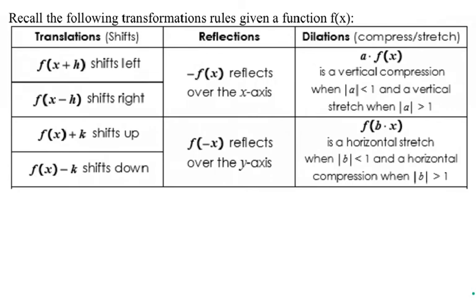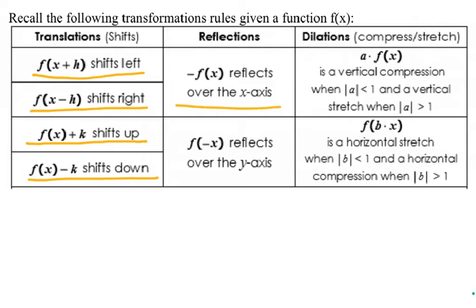Okay, so at the very beginning of the year, we looked at transformation rules, and this is also things you have seen in Math 1, Math 2, and Math 3, whether you remember it or not. So anytime you have something like this, that's when you shift left. This will be a shift right. When you add something at the very end, it shifts up. When you subtract something at the very end, it shifts down.